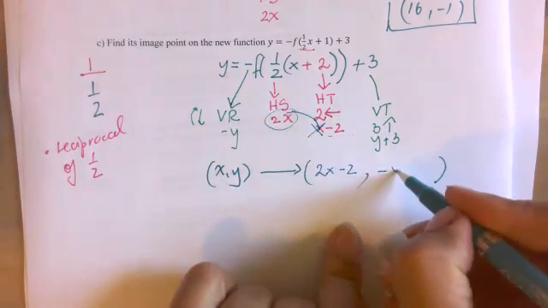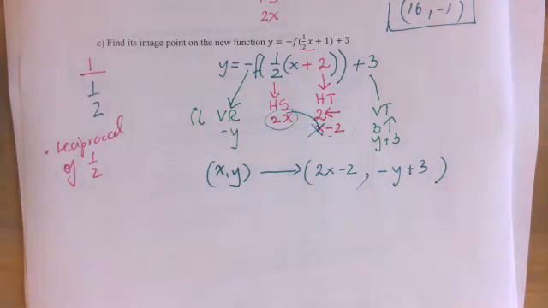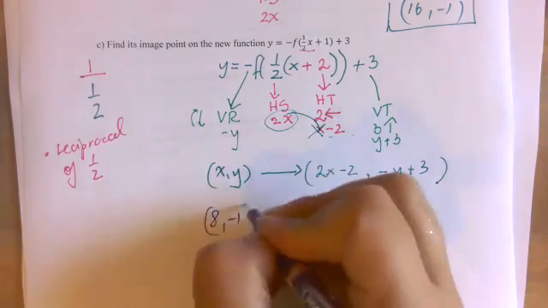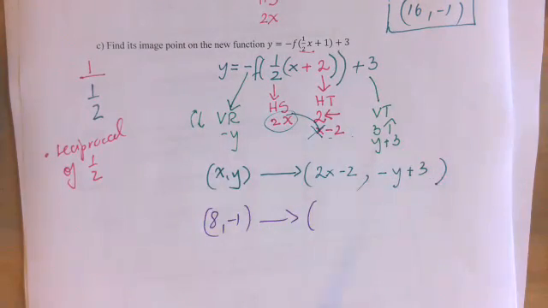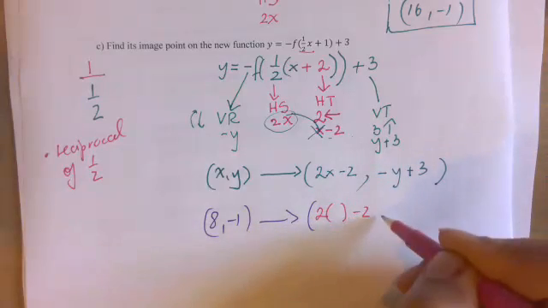So we have negative y plus 3. Now all we have to do is work with our point, the point (8, negative 1).